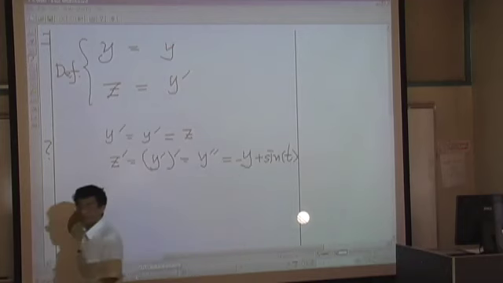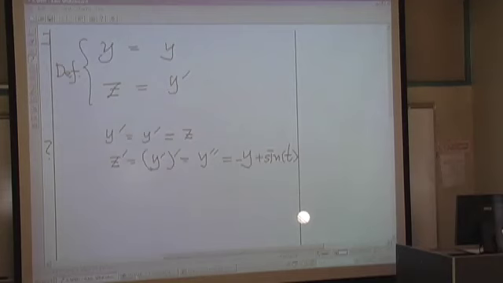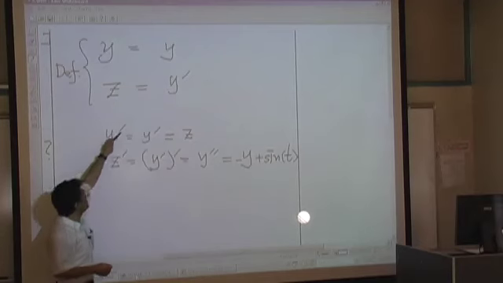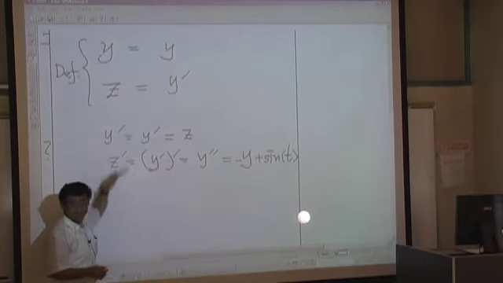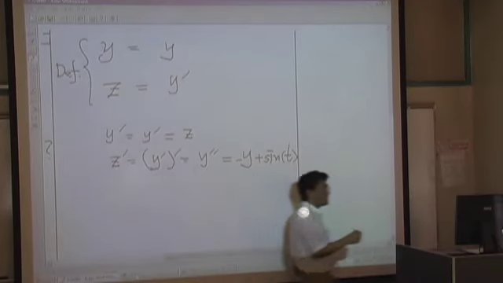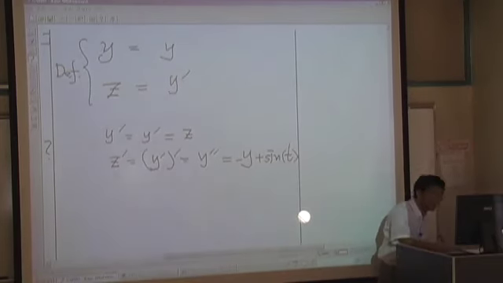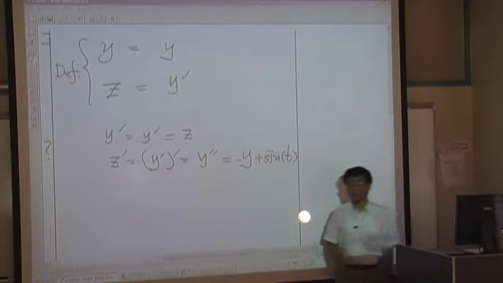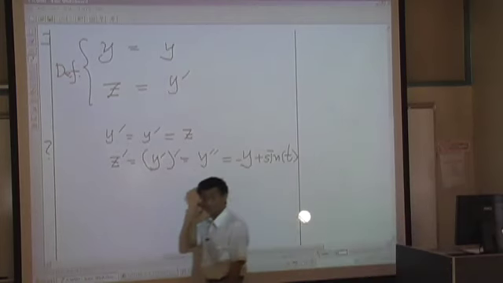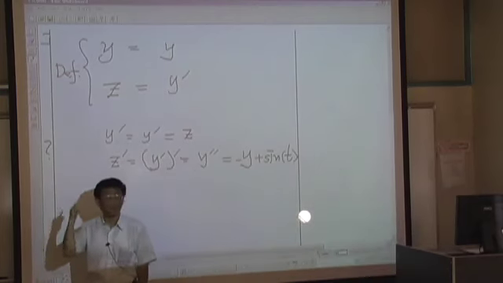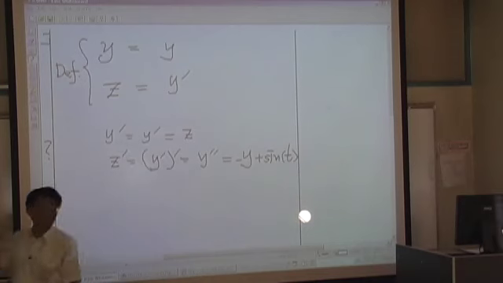Then take a look. Is this a first order system or second order system? First order system. Why? Because the derivative is first order. In other words, we are handling a system of first order differential equations. Then once we have it, we can use RK4 or Euler or something to solve this system.